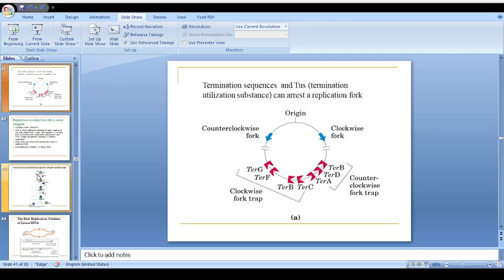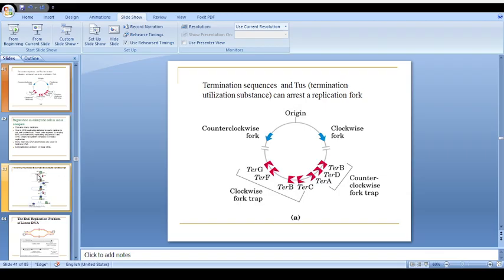Normally, the termination of replication requires a special type of protein called Tus protein, or termination utilization substance protein. There are various types of Tus proteins available. There are A, B, C, D, F and G. There is no E.